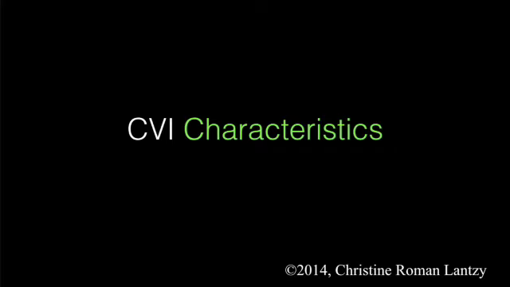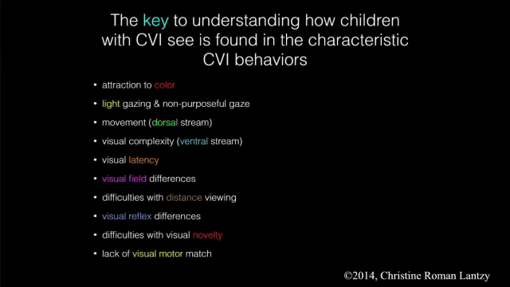And those behaviors are, just as a very brief review, attraction to color, light gazing, movement, which addresses the development of vision through the dorsal stream or the where system, visual complexity, which is the development of greater and greater visual acuity in the brain, not in the eye, which addresses the what system or the ability to really interpret detail, visual latency, a delay response, visual field differences, difficulties with distance viewing, visual reflex differences, difficulties with visual novelty, including materials and environments, and a lack of visual motor match.